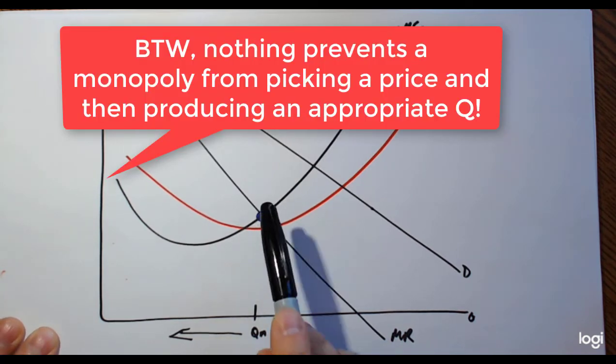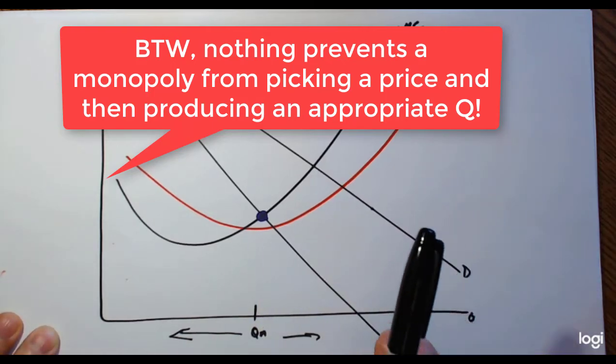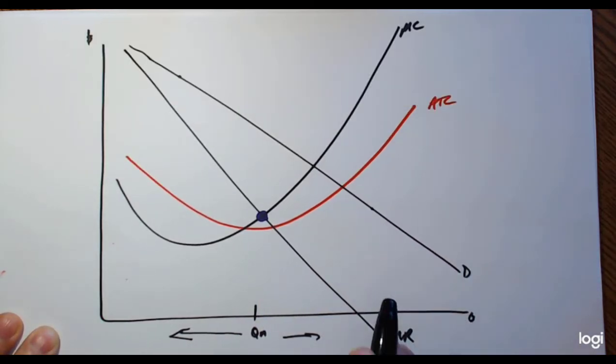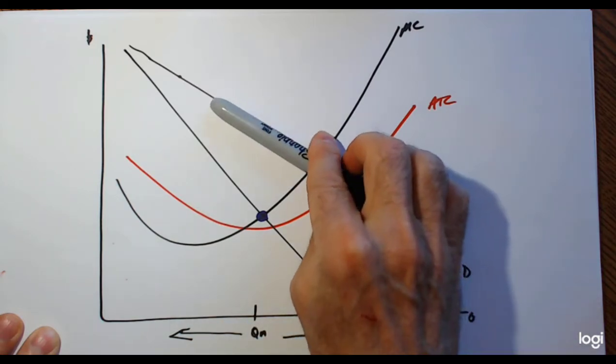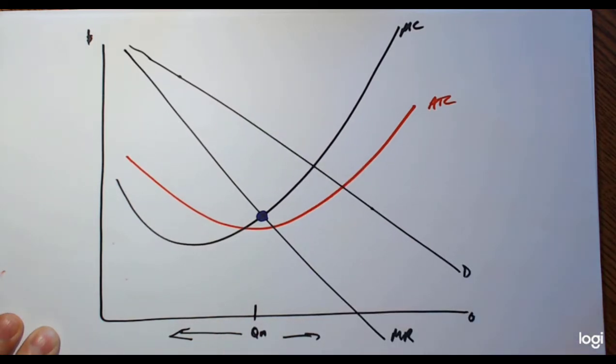There is no monopoly supply curve. And you'll see the same thing later on when we get to monopolistic competition. Because of this control over price that a monopoly has, and even monopolistically competitive markets, there is no supply curve. It's a point.